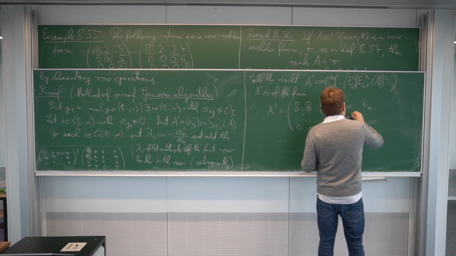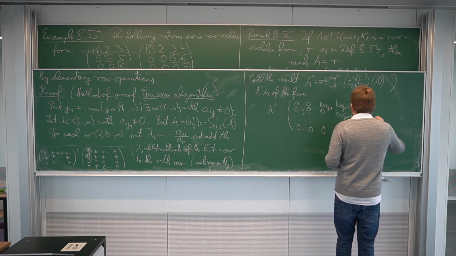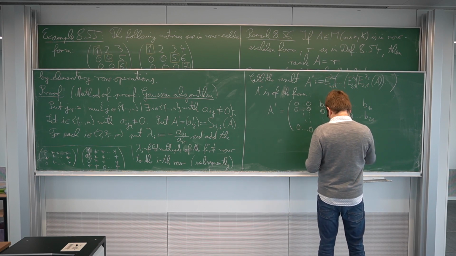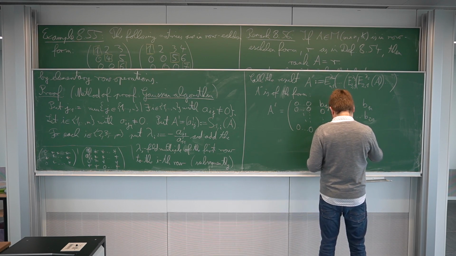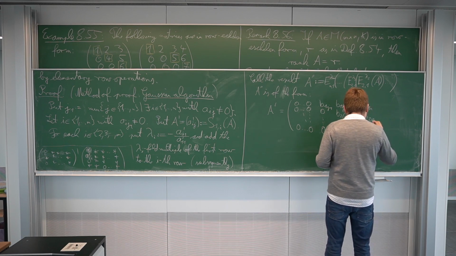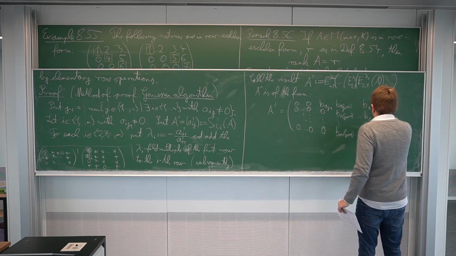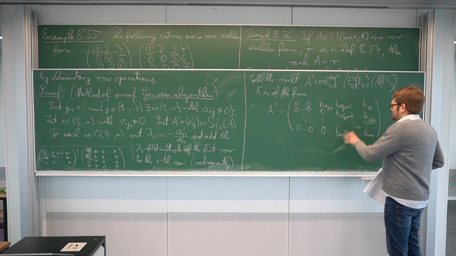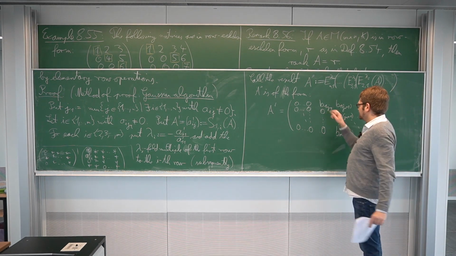B2J1 plus 1 to B2N, and so on. And here we would have MJ1 plus 1, BMN. Yes, like this. So here we would have anything, but this is our first pivot element.